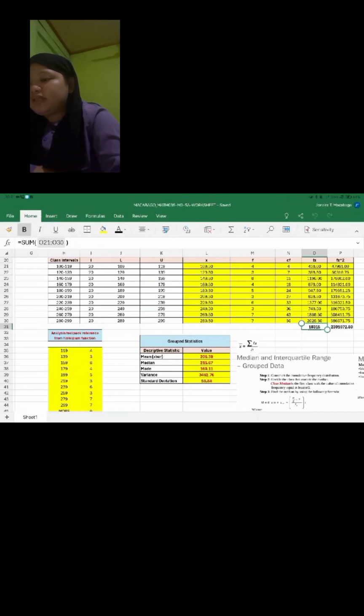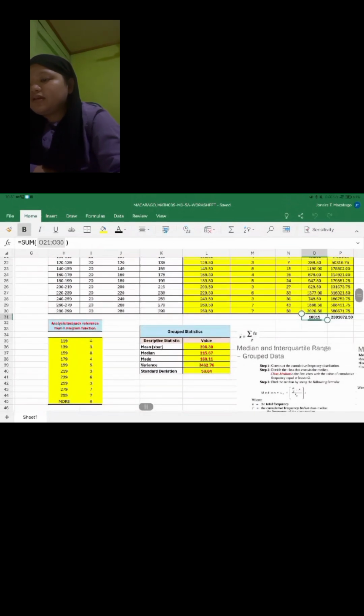And you have the median of 215.67 and the mode of 160.11. Then for the variance, we get 3,462.76.